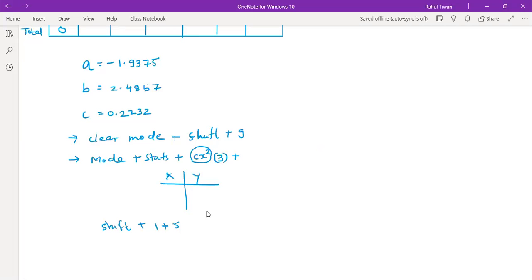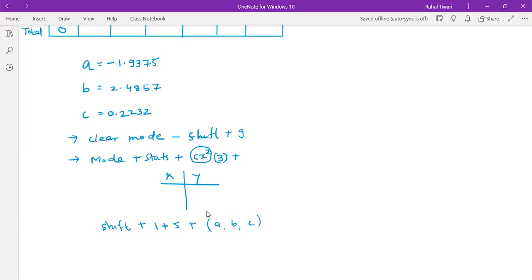Once you press shift 1 5, you get an option like A, B, C. Are you getting this? Just check it. Yes, sir. Good. Once you press the respective number for A, check whether you are getting this answer, minus 1.9375. Similarly, press 2, and you can get B, and you can get C.